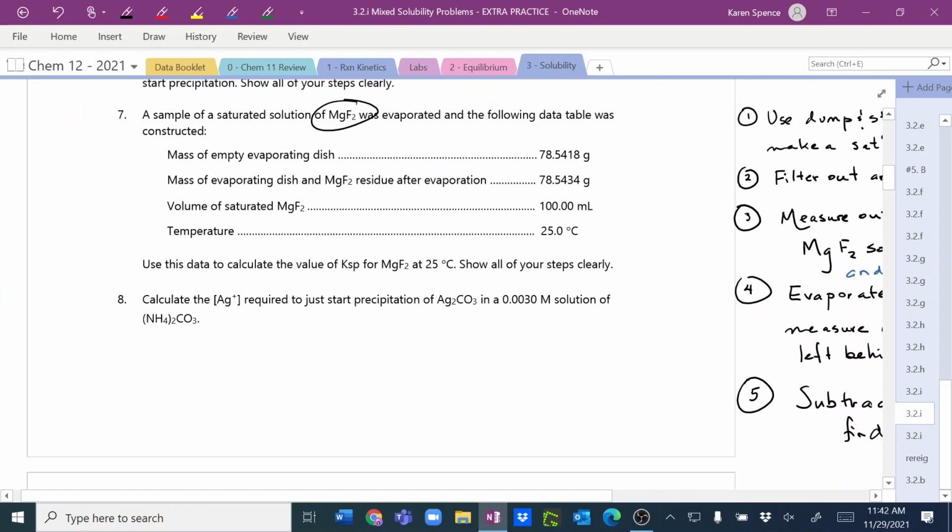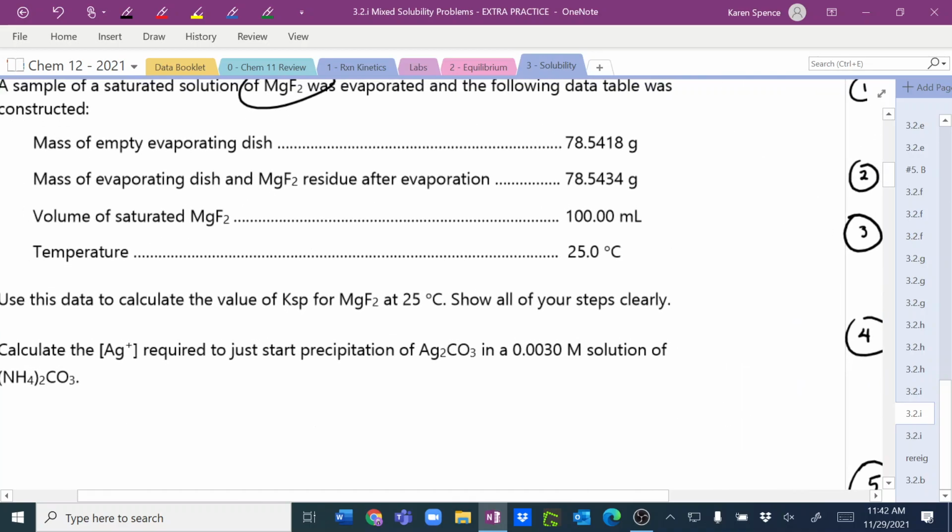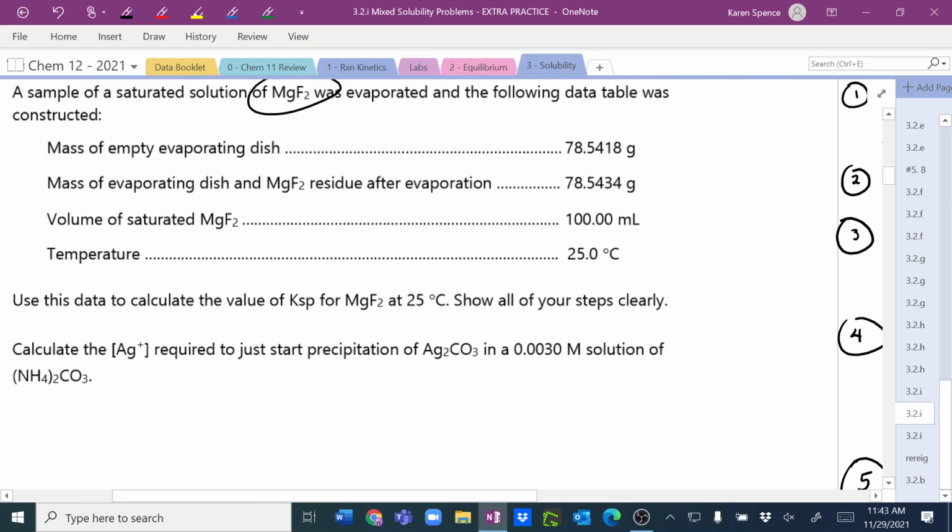So in this question, they didn't use a beaker, they used an evaporating dish, but they had the mass of the evaporating dish before, and they have the mass of the evaporating dish and the MgF2. What are you going to have to calculate from these two things?